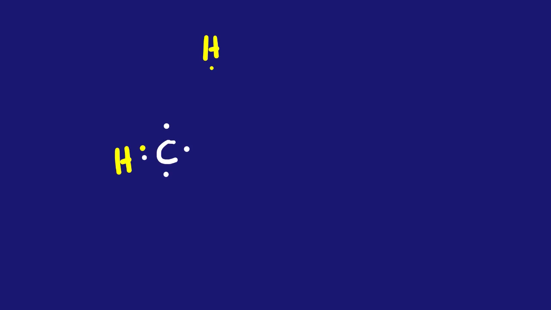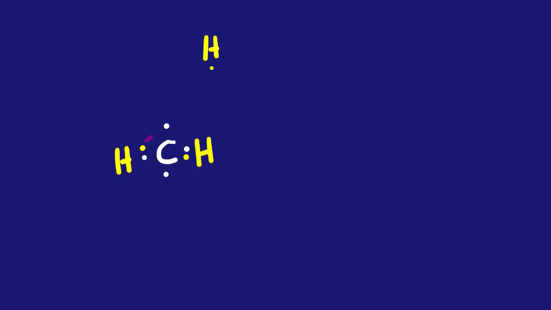But looking at carbon, we can see it has still not reached the octet state. So we can bring another hydrogen here. This hydrogen is also happy. It is stable. But looking at carbon, it has 1, 2, 3, 4, 5, 6.